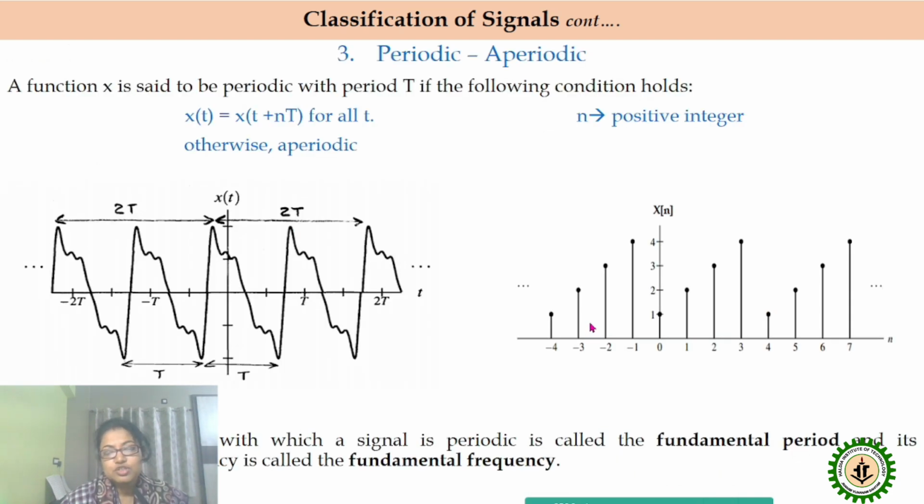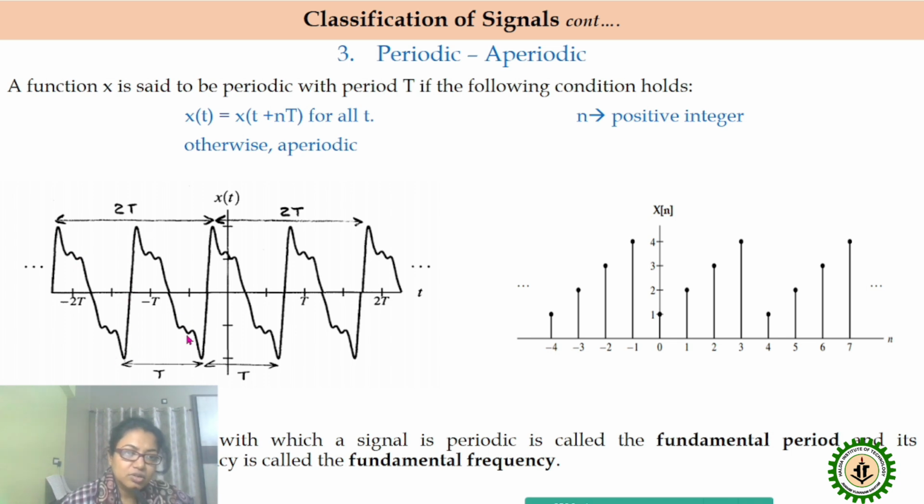Now the classification of signals. First, periodic and aperiodic. I think you all know this because we are starting from school level. In this case you can see, periodic means if we say the signal is starting from here or here, this signal will repeat itself after this point.